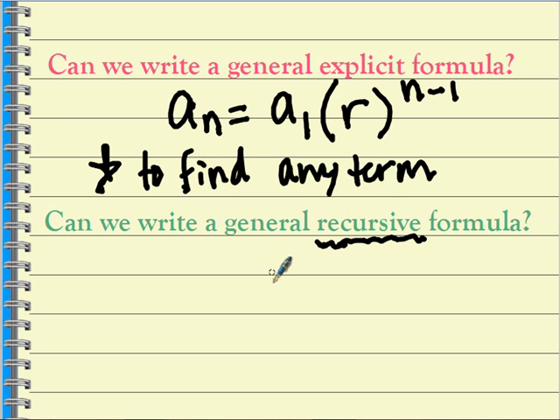I'm going to say that one more time. A recursive formula means you have to write out every term of the sequence until you get to the one you want. An explicit formula lets you jump ahead to a specific term. Again, the explicit formula allows you to jump ahead to a specific term.